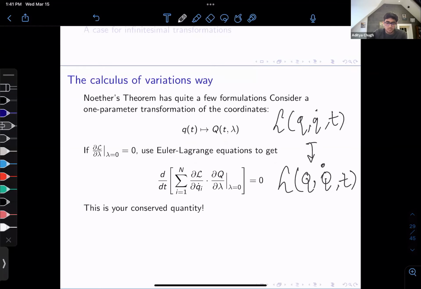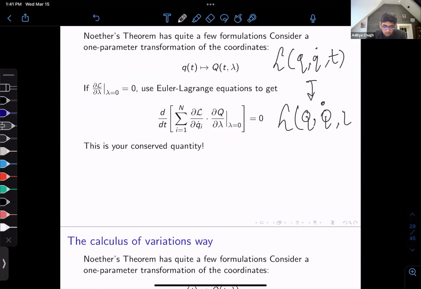And then you can use calculus of variations with some tools and the Euler-Lagrange equations, which were shown before, to derive this explicit equation. And as you can see, this is a time derivative, and it's saying that the time derivative of this quantity is 0. And that's precisely what conservation is, that a quantity doesn't change over time.